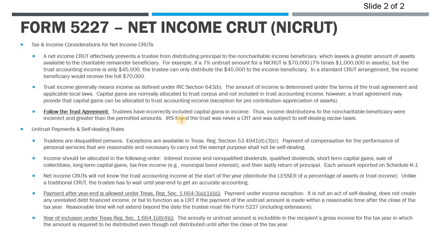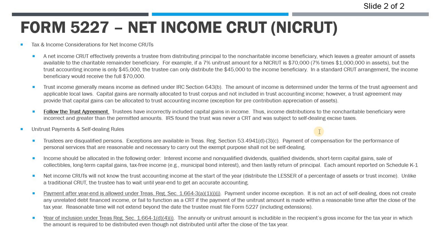It's either overstated or understated. And so the IRS can step in and say, we don't think this was ever a charitable remainder trust because you've just been doing it wrong from day one. So you have self-dealing excise tax issues, and then it's just a disaster. So carefully review the agreement, and make sure that everything is being done as laid out by the terms of the trust.